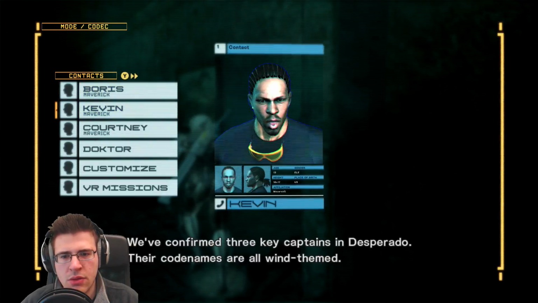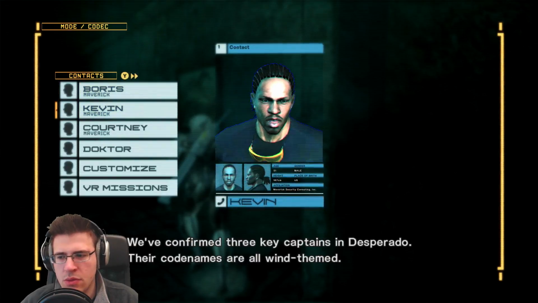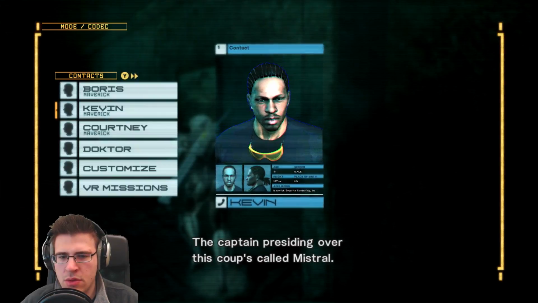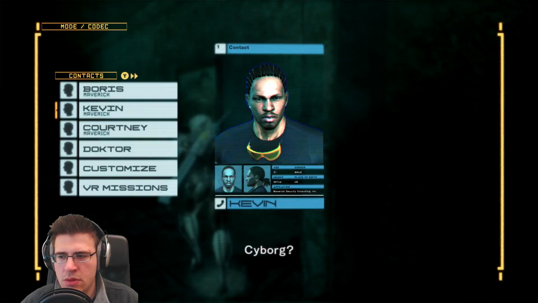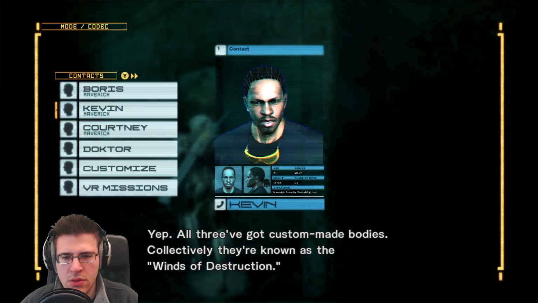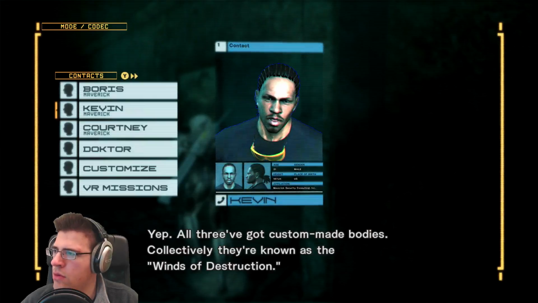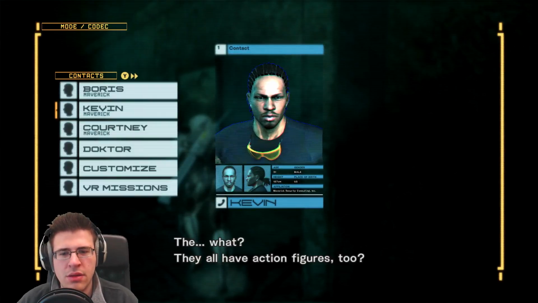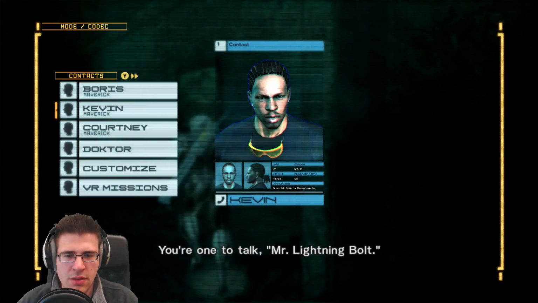We've confirmed 3 key captains in Desperado. Their code names are all wind-themed. The captain presiding over this coup is called Mistral. Cyborg? Yep. All 3 have got custom-made bodies. Collectively, they're known as the Winds of Destruction. The what? They all have action figures too? You're one to talk, Mr. Lightning Bolt.